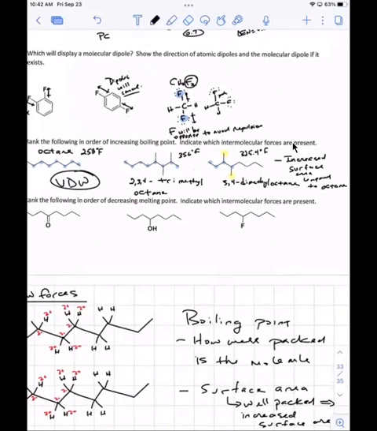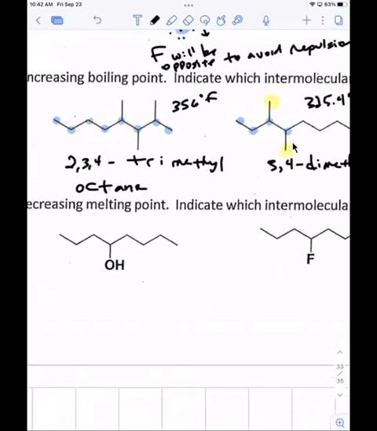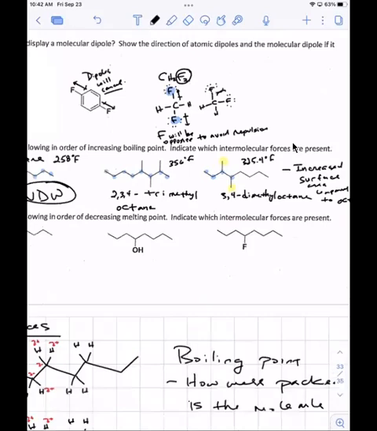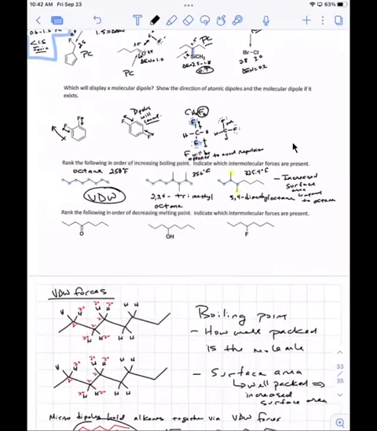It has another methyl group added. Added, yep. And because of how orderly it is, it probably packs a little bit better even than the 3,4 dimethyl. So you increase the surface area, you increase the number of touch points, and you increase the boiling point.